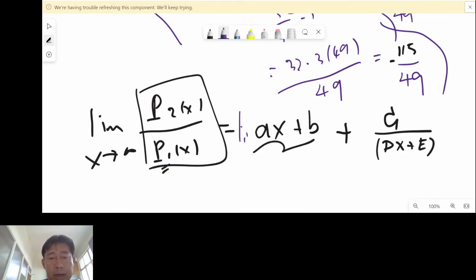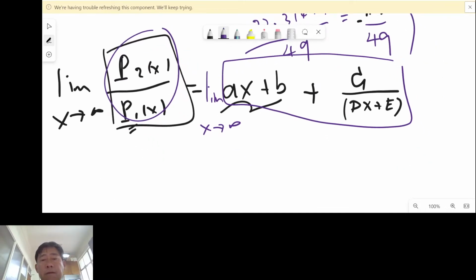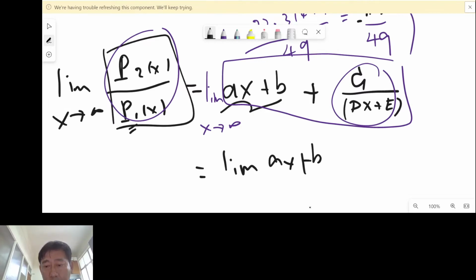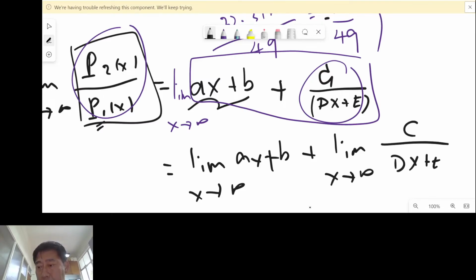Then the limit of taking x to infinity for the rational function is the same as the limit for the linear function added to the residue function, and that is expressed in the form of the limit of ax plus b as x goes to infinity, plus the limit as x goes to infinity of c over dx plus e.